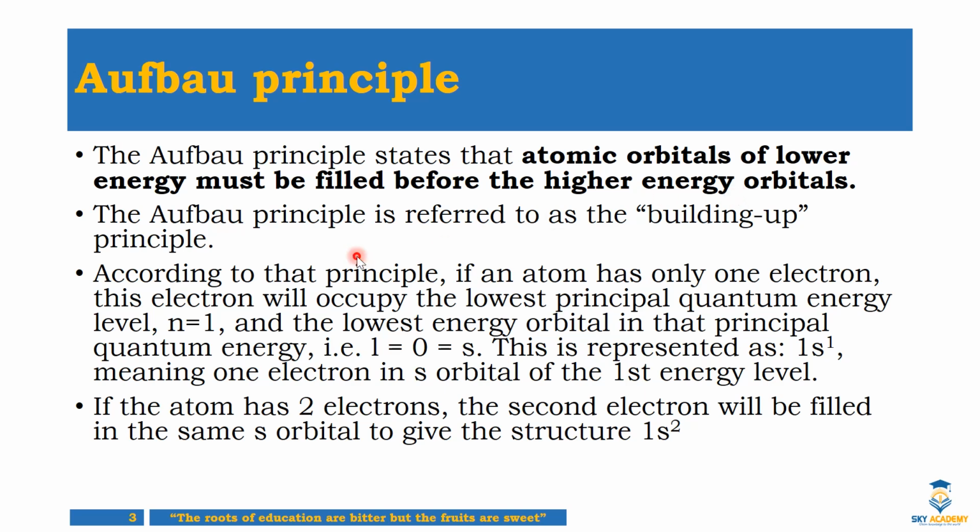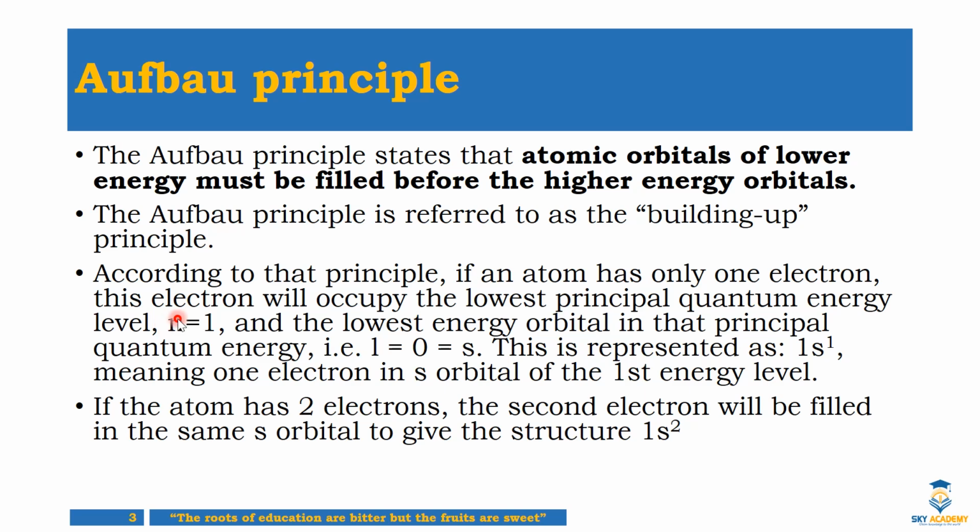This is the law of building up. According to that principle, if an atom has only one electron, this electron will occupy the lowest principal quantum energy level. You also need to know the quantum numbers.